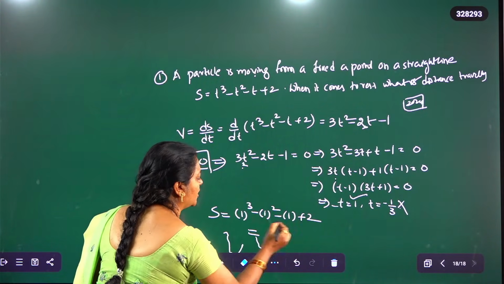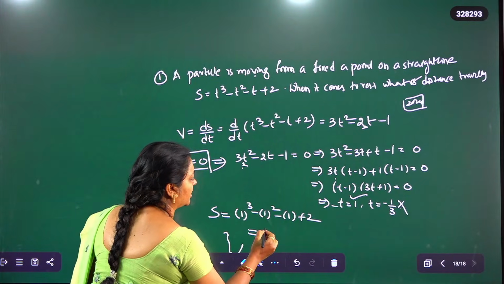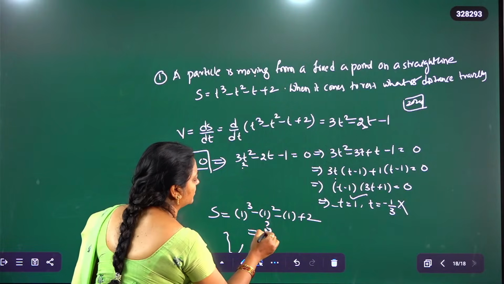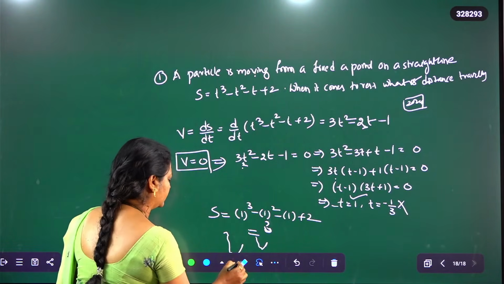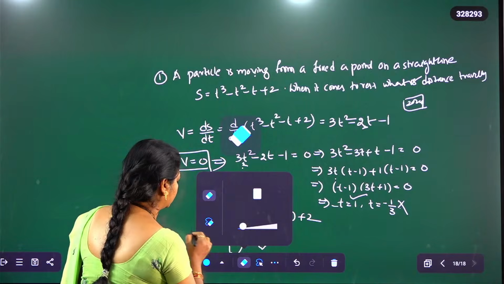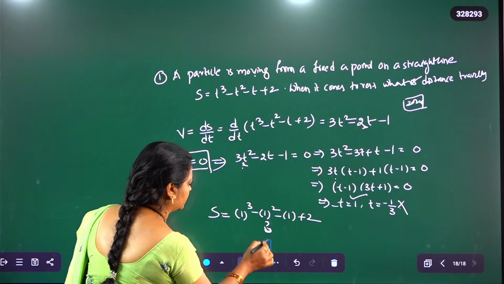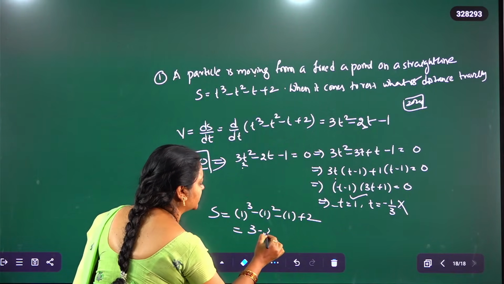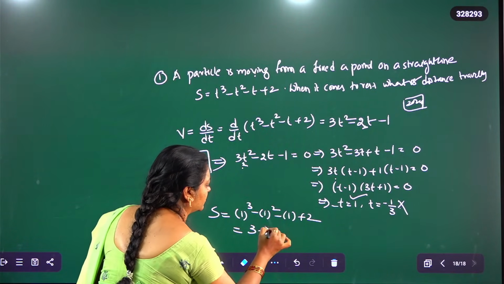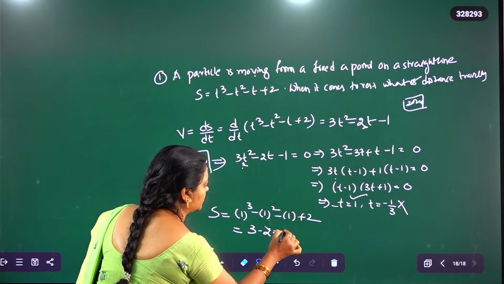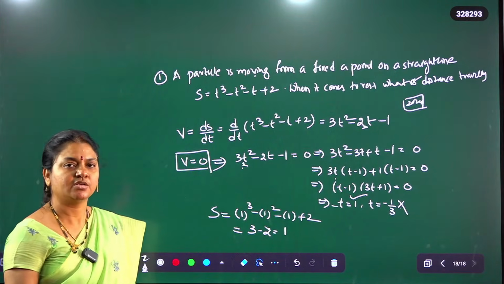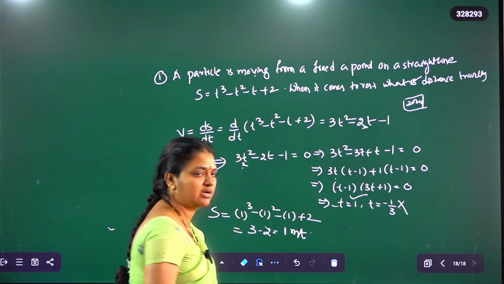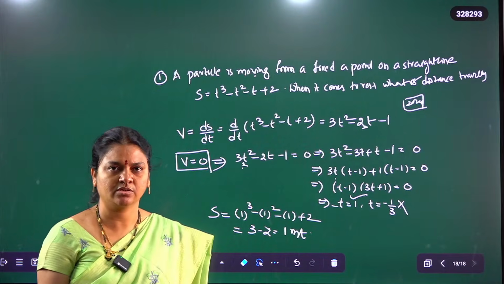By solving it, 2 plus 1, 3, minus 2 is equal to, so here we will get 1. So that means 1 meter distance it is traveling. Like this we will solve the questions.